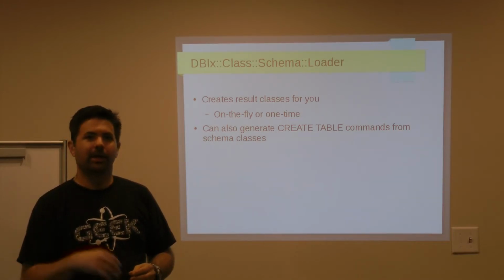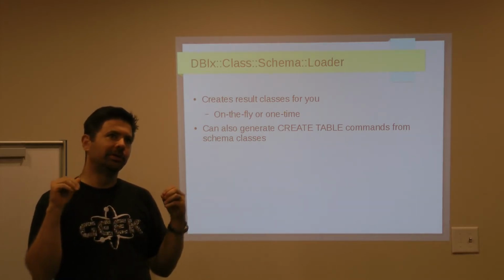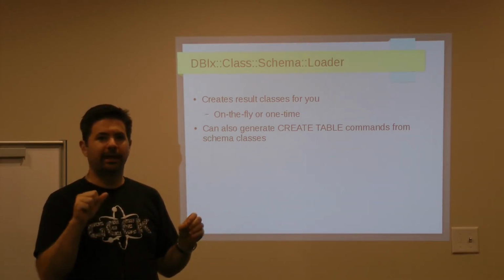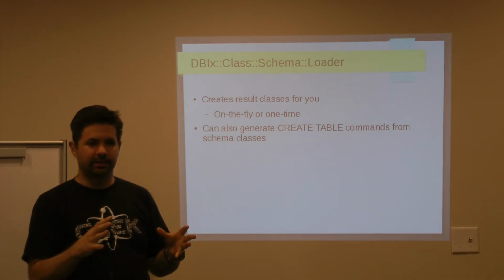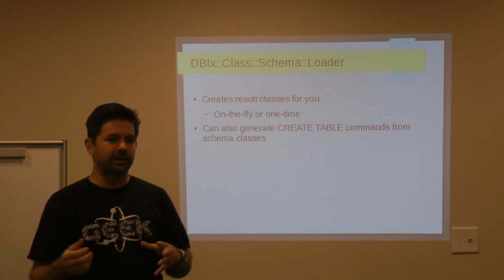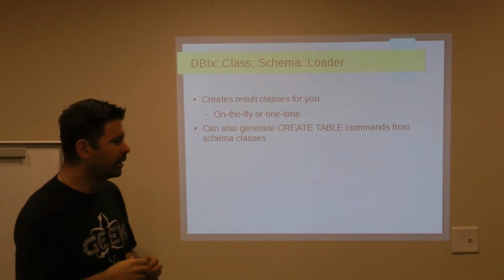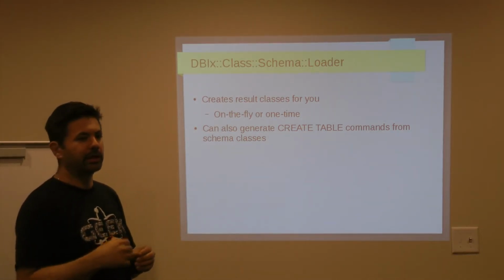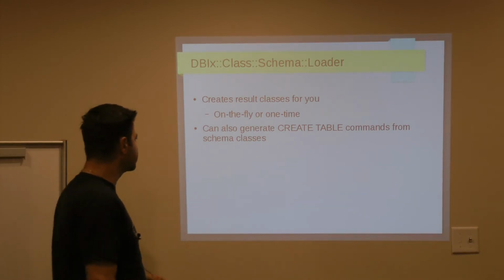You can say, every time I start up, connect to this database, analyze the structure, and create the schema classes right then. So any time you make a change to the database, you just restart the application and it goes through that again. But obviously you get even more startup overhead doing that, because there's that analysis.